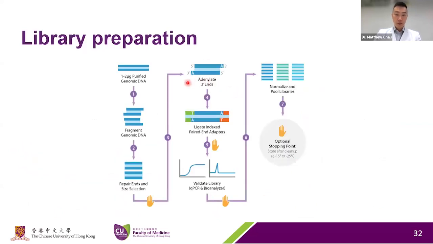As I mentioned, library preparation methods typically require shearing of the DNA and adding the adapters onto the ends of the DNA, doing QC to quantitate the library concentration, and then we can equally multiplex multiple samples for sequencing.